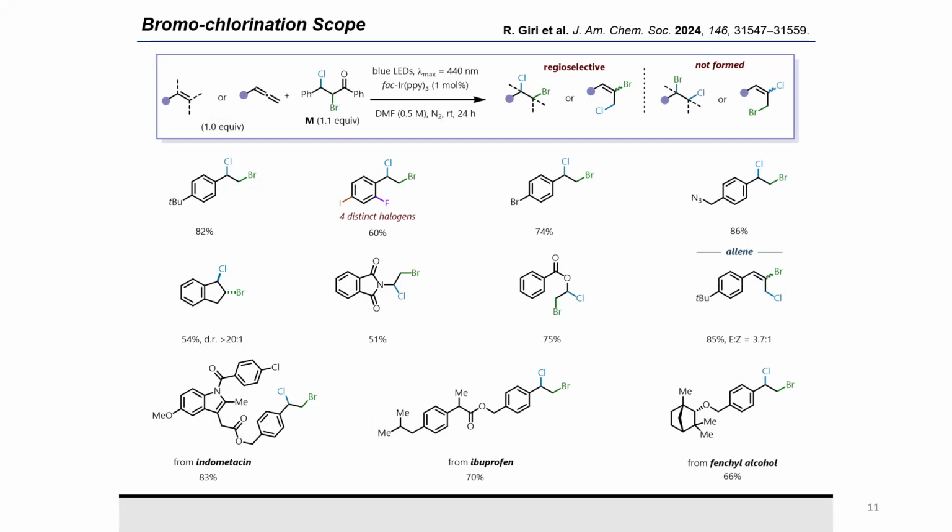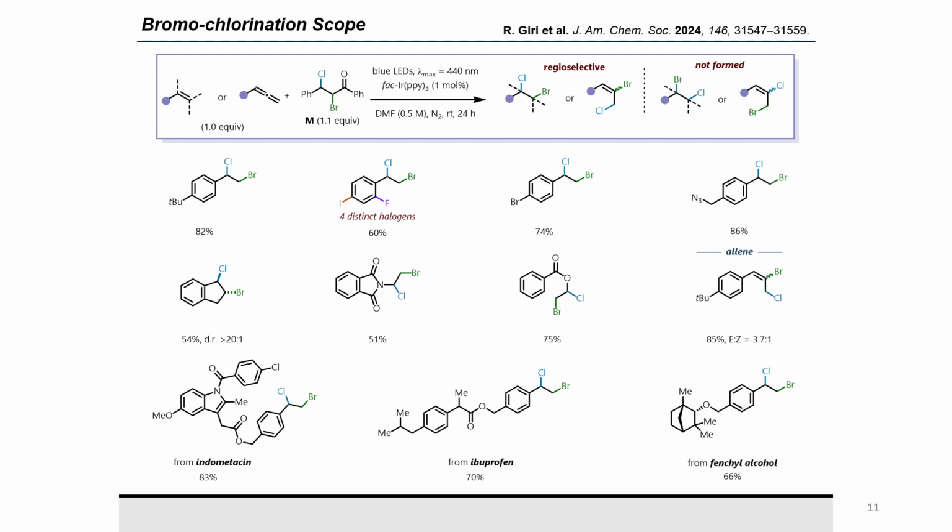The highlight of this work is this slide, where we can do cross halogenation reactions and choose either olefins or allenes, and we can regioselectively get bromine installed here and chlorine on the benzylic position, for example. Allenes are also very regioselective, and we don't form other regioisomers.